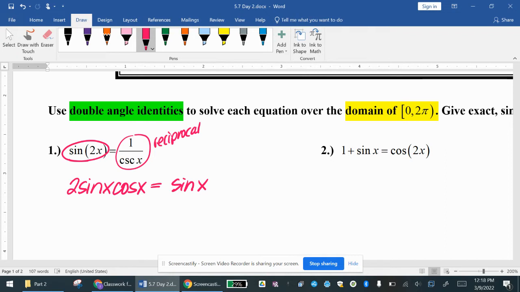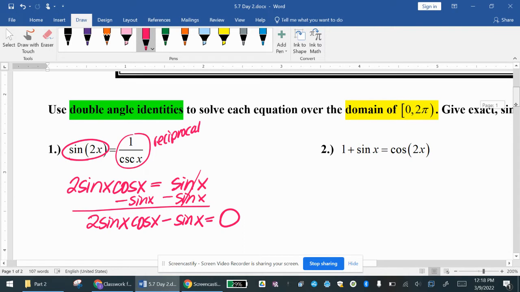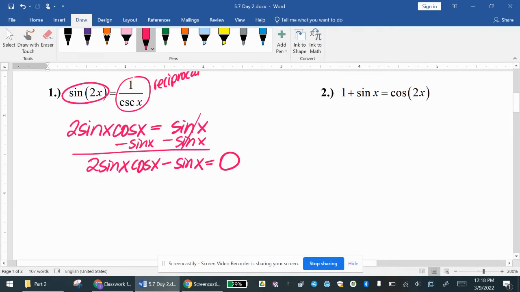Now this equation has different terms. They're not like terms, but you want to set it equal to 0. So the first thing that I'm going to do is move this term to the other side using opposite signs. Now, seeing it equal to 0, this is a linear binomial. Notice that it has a GCF of sine, so I can factor out a sine of x from each term.